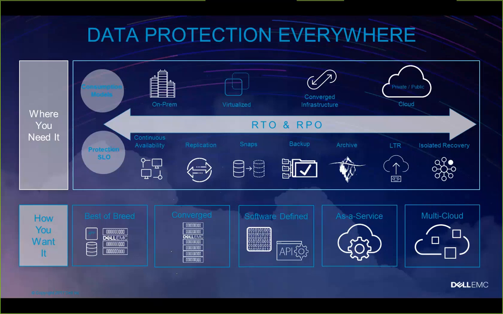But what really is important to understand is what your recovery time objective and recovery point objective is. The recovery time objective is how long it's going to take you to actually recover that data. The recovery point objective is, well, when was my last backup or my snapshot? And the two need to meet in the middle to form an SLA that would be appropriate for your business.